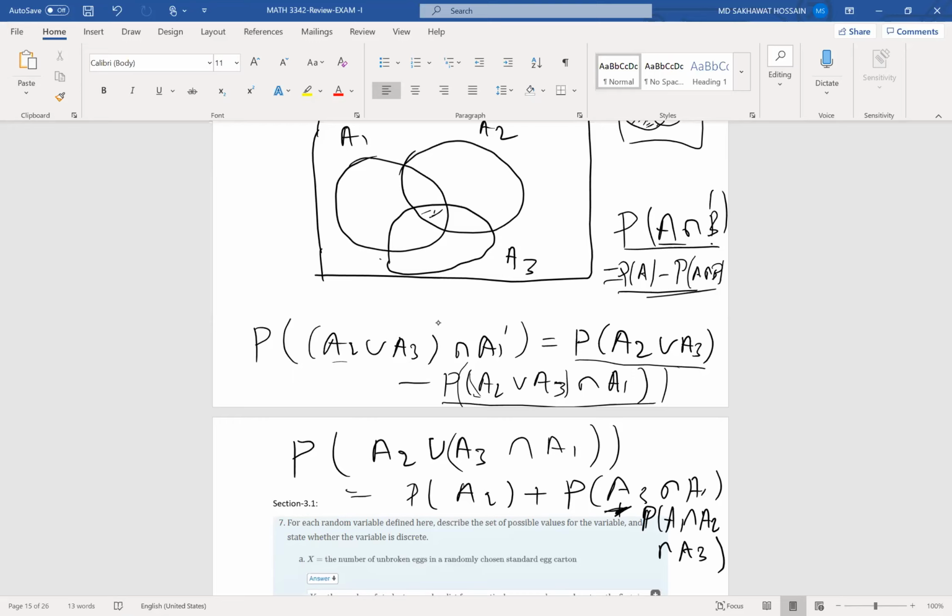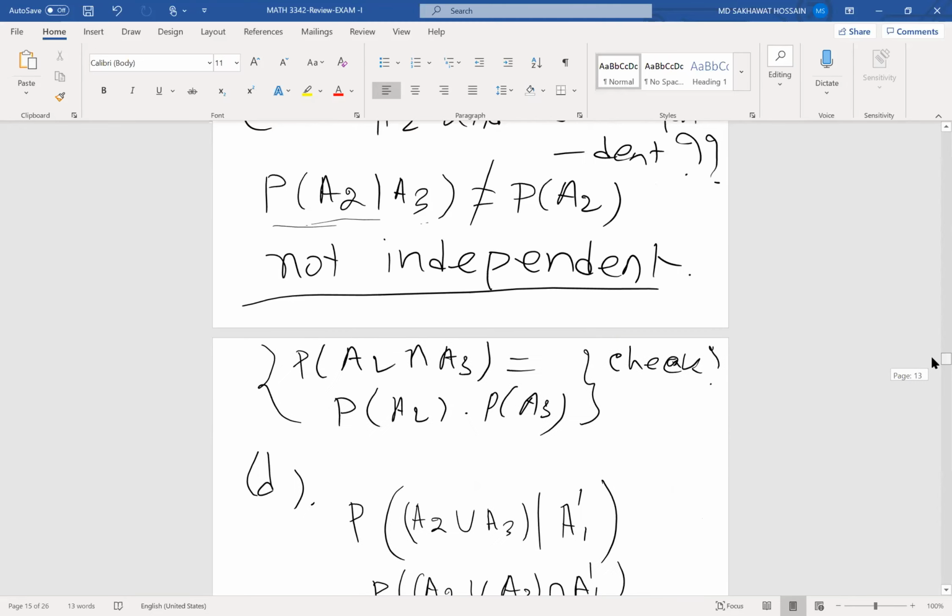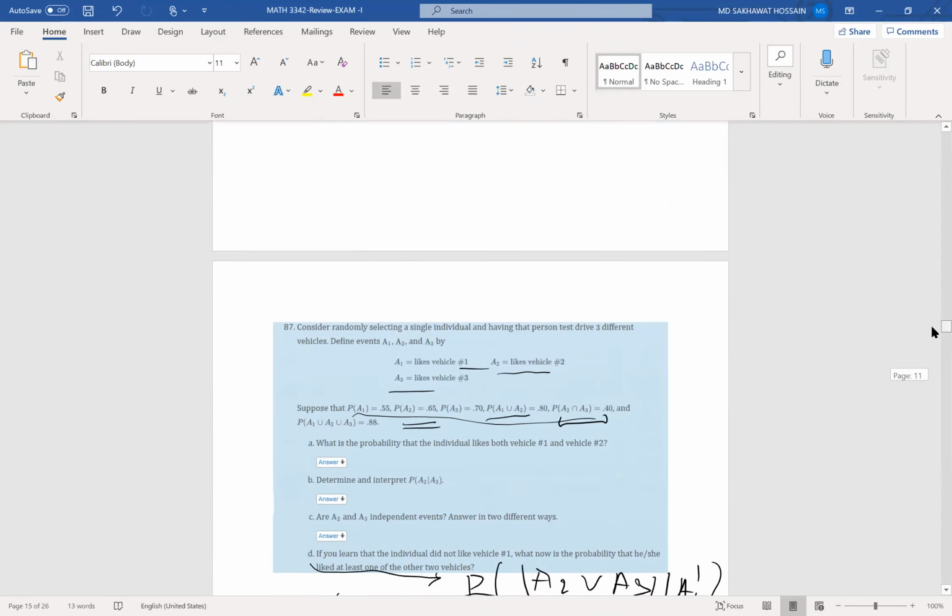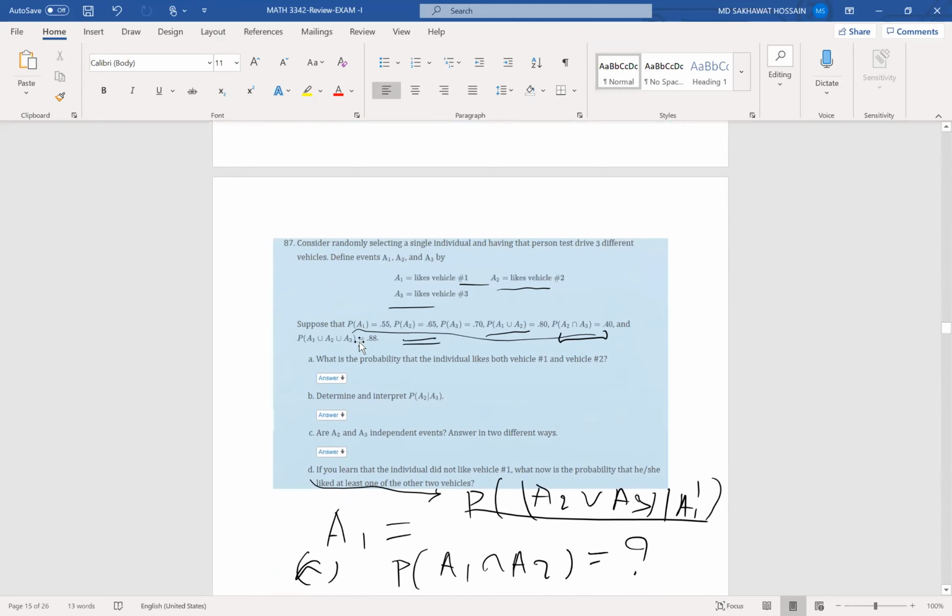We know these probabilities, and you can also calculate this one, because we have the union of all three, A1 union A2 union A3 here. So you can use the formula for the union to calculate the probability for the intersection of A1, A2, A3.